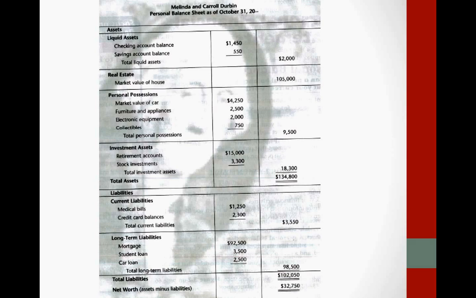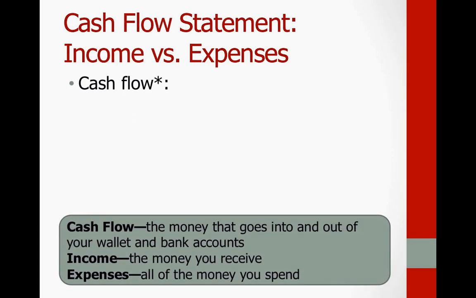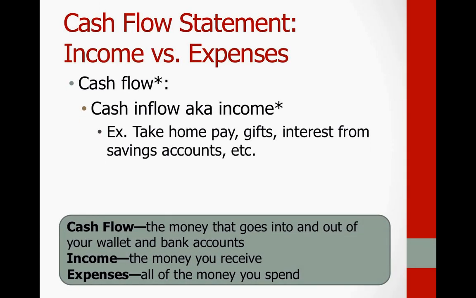Now our second financial statement, which is a cash flow statement. Think cash flow: money flowing in and out of your wallet, in and out of your account, in and out of your hands. You first look at two things: your cash inflow, or your income, which is money coming into your wallet. That'll be your take-home pay, say from work, or any gifts you receive.